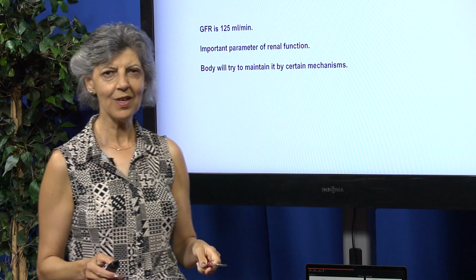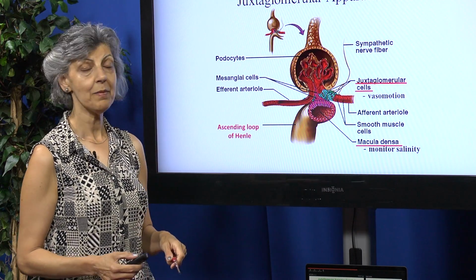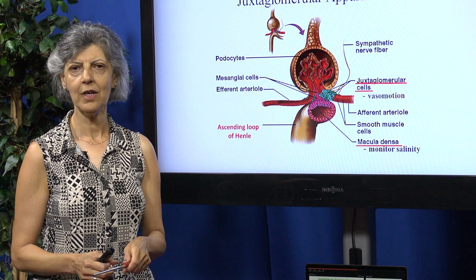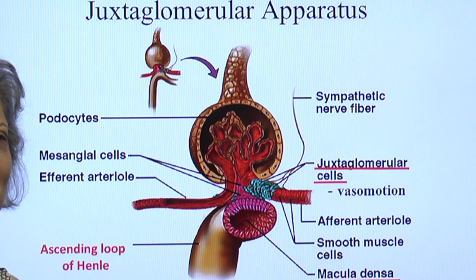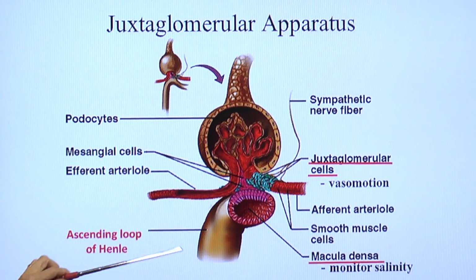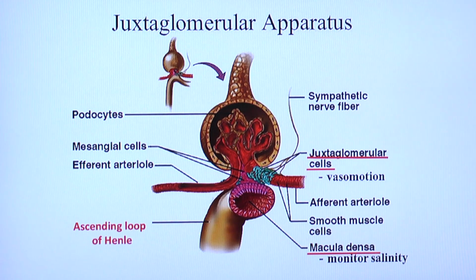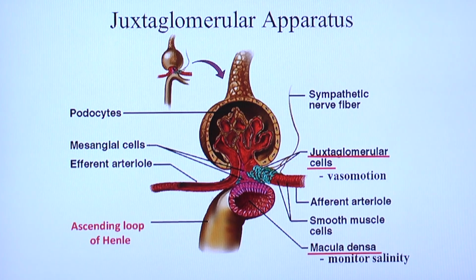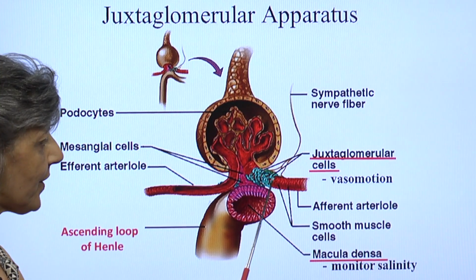So we're going to discuss what we call the juxtaglomerular apparatus, or the juxtaglomerular complex. Where is this located? What does it do? There are two parts that make up the juxtaglomerular apparatus. We're going to start with the first one. It is in the afferent arteriole.